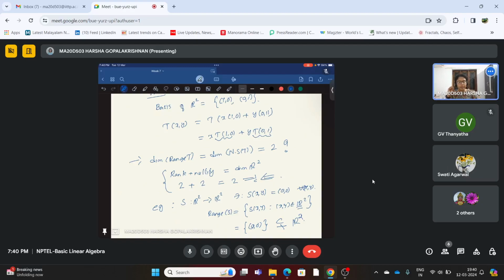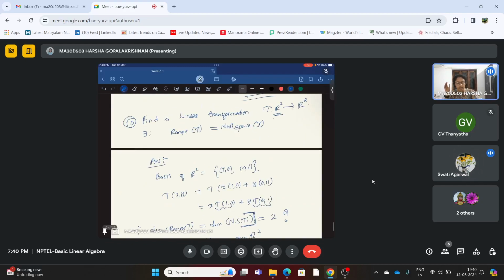Any doubt? Okay, so is this step clear? First step: the dimension of the range of T and the dimension of the null space of T are equal.